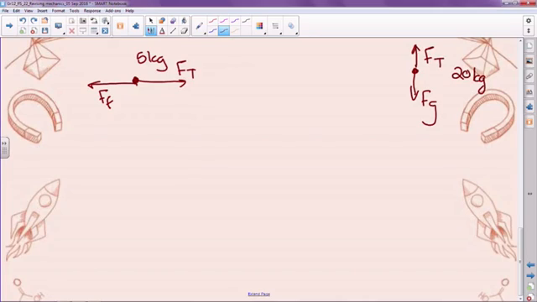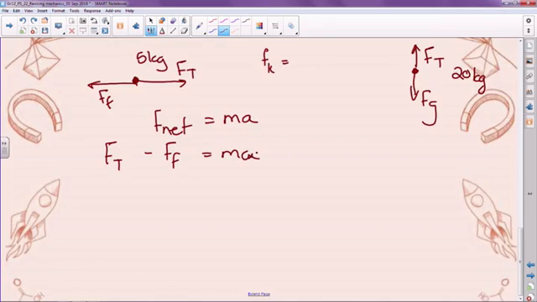Now we need to set up two equations. So F net equals ma for the 5 kilogram, and we go fine, the 5 kilogram is going to move to the right, so Ft is bigger than friction. But we didn't know friction, but what we do know is that friction, and in this case it's kinetic friction, is mu k times N, and of course remember that N is going to be equal to Fg. So I'm just going to write this in here so I remember that that's what I'm doing.